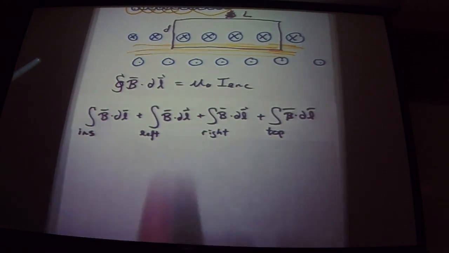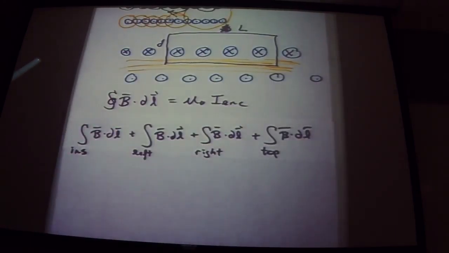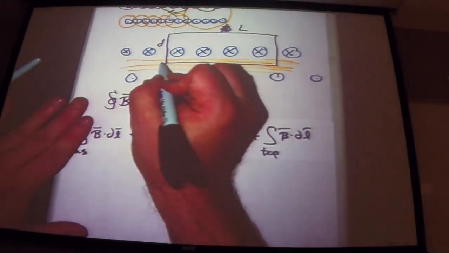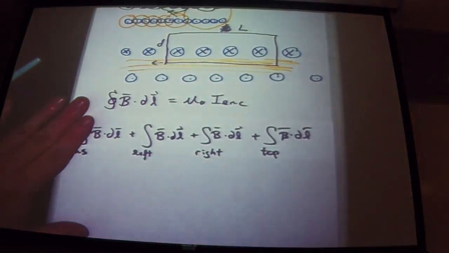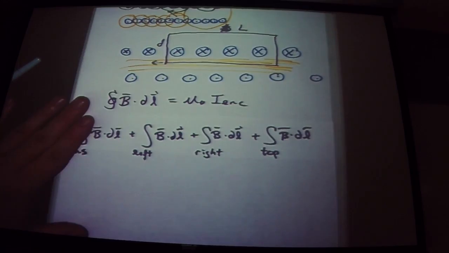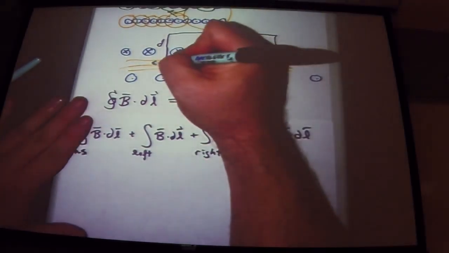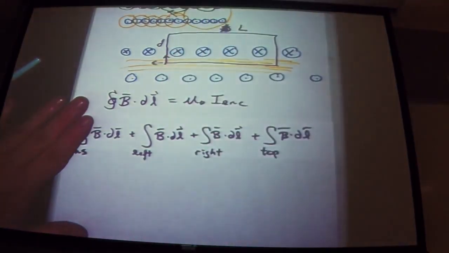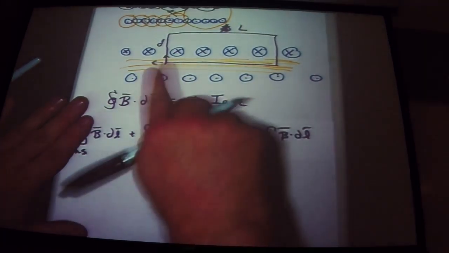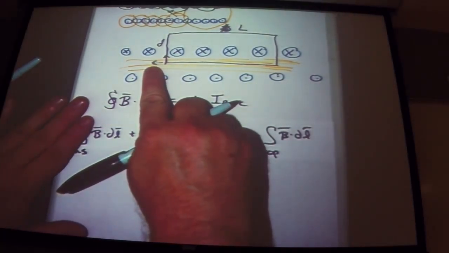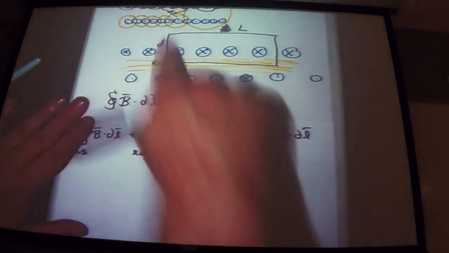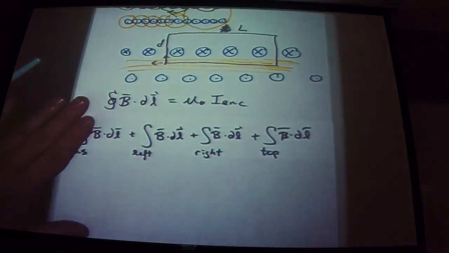All right, if we take a look at this left one, there's a couple things that happen. The magnetic field in this is this way. The magnetic field on the inside is this way. The dl here is along this direction. So here this dot product is perpendicular, therefore 0. And once I get to the outside, there's no magnetic field anyway.